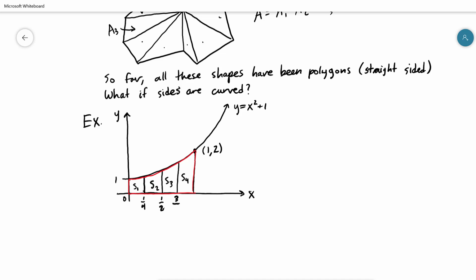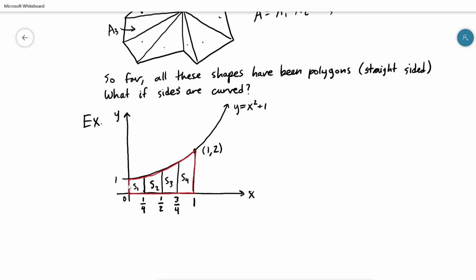Let me try this again. This point is 1. That's 0. 1/4, 1/2, 3/4. Okay, so there's the point.